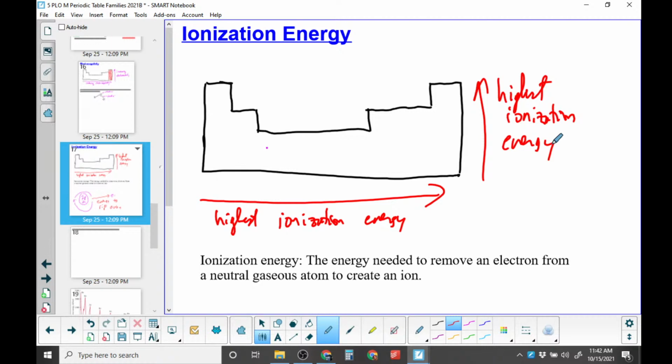Why is the highest ionization energy up here? Excellent. Less valence shells, and what is that a fancy word for? What's the fancy word for that? Shielding effect. So there's less shielding effect as you go up. Greater attraction to the electron. Harder to pull that electron away.